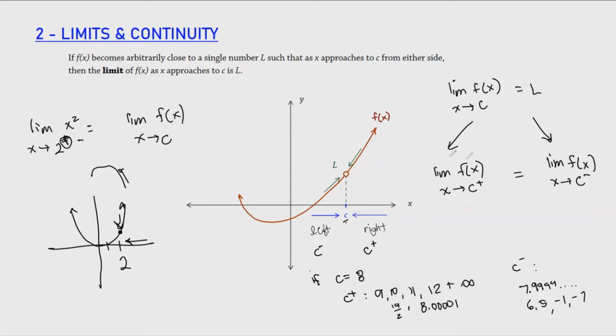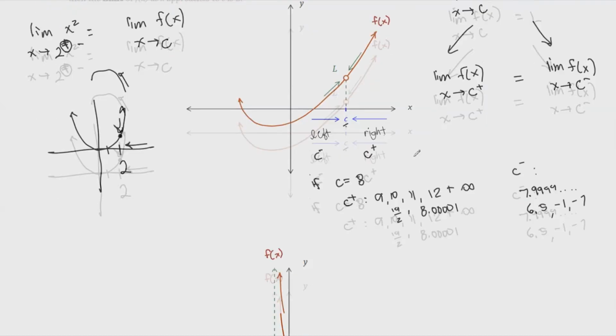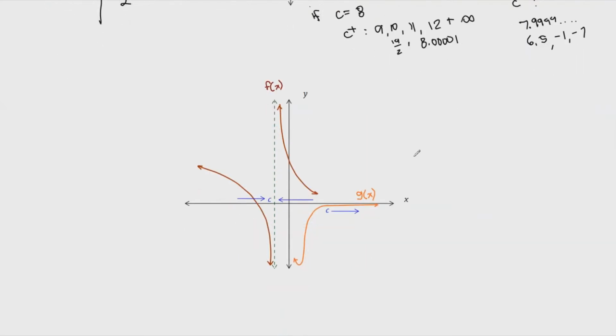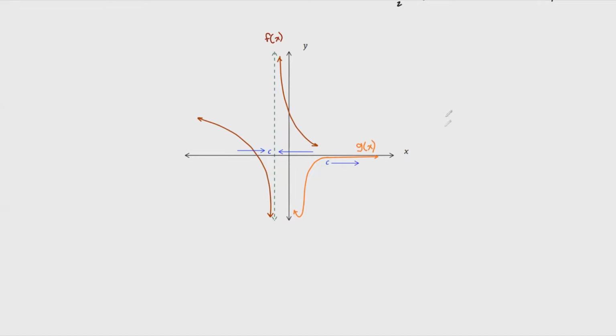You just need to find the right hand limit or the left hand limit if that's what the problem asks you. So with that, let's try to evaluate other limits, where it's not just the right and left, but it becomes more complicated when we get to know this stuff.